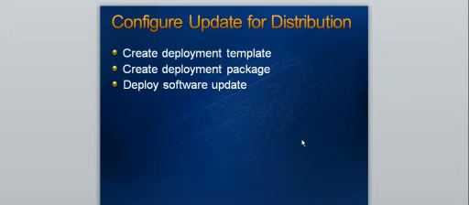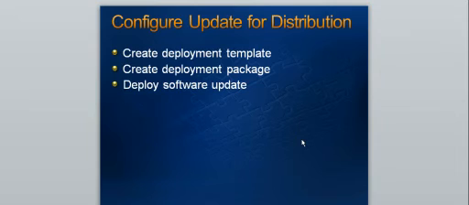Once the system has gotten all the updates from Microsoft Update, the next thing that you need to do is configure the updates for distributions. From here you can start to create the deployment templates, and after you have finished configuring the templates, the next thing that you need to do is create a package for the updates that you want to push to all the client machines.